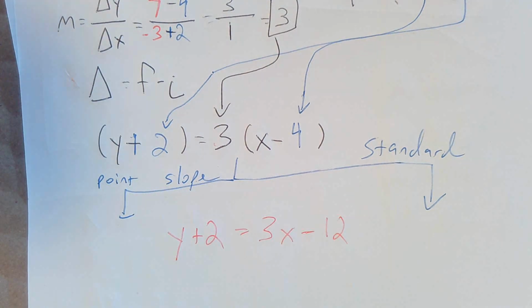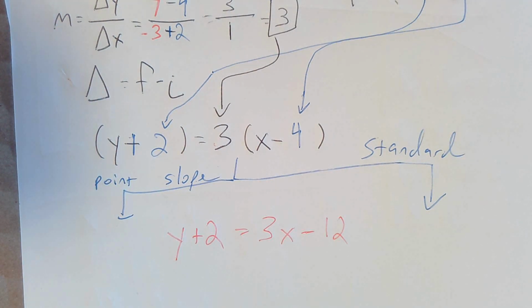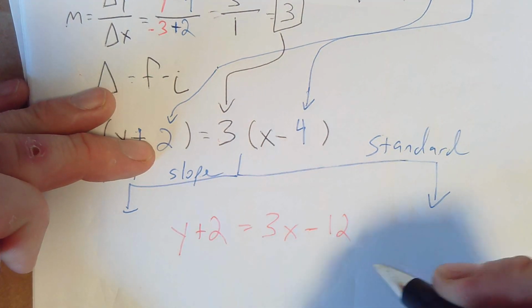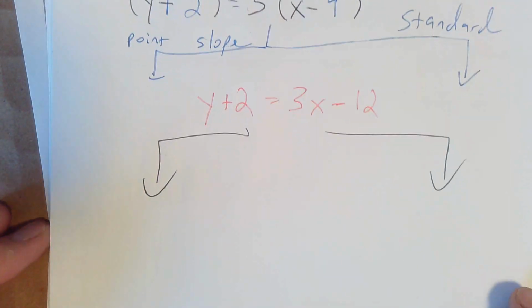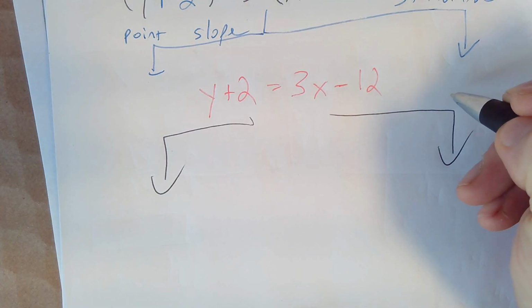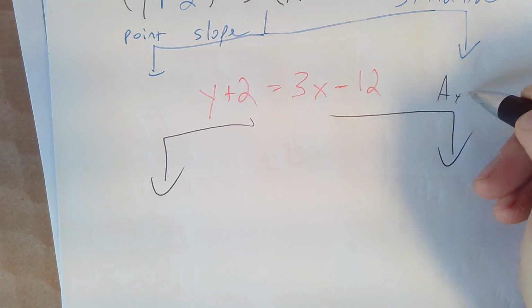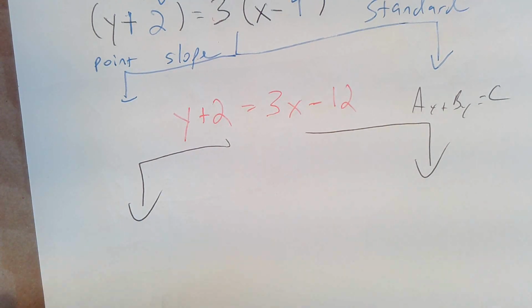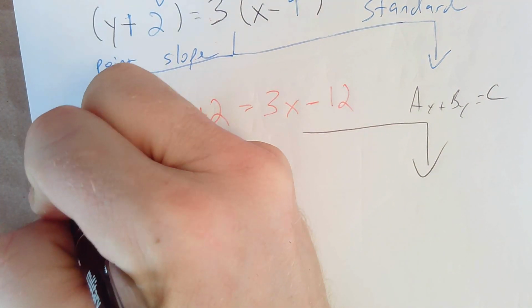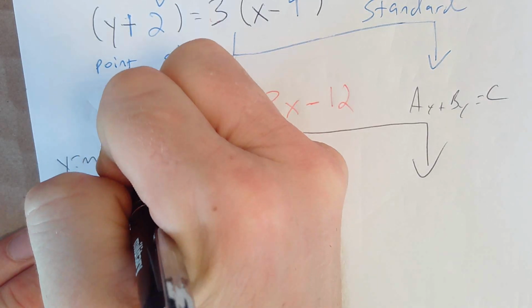Okay, so now this is where I have to start splitting sides, right? So my standard form and my slope intercept form, that's where the difference comes from. Standard form is going to be, remember, your ax plus by equals c. And then my function form is y equals mx plus b.